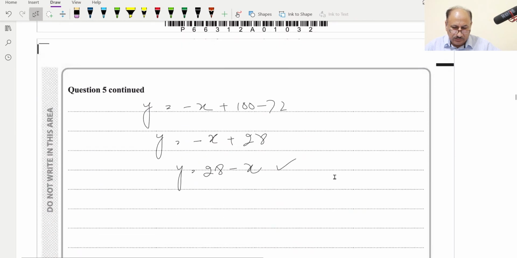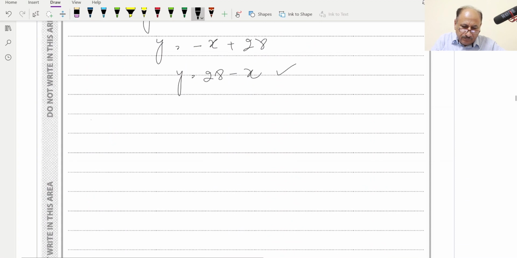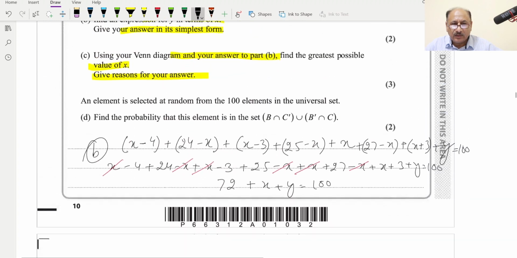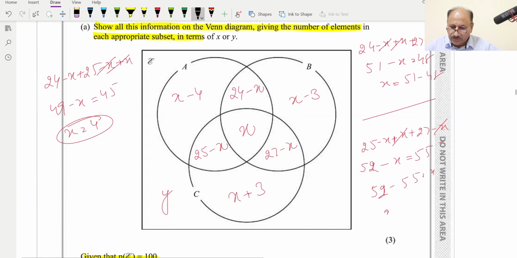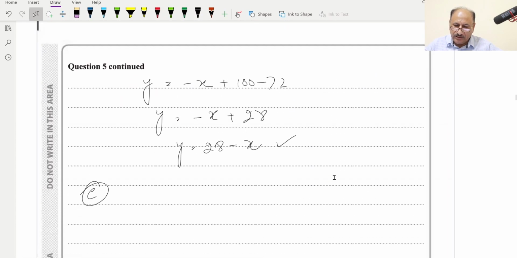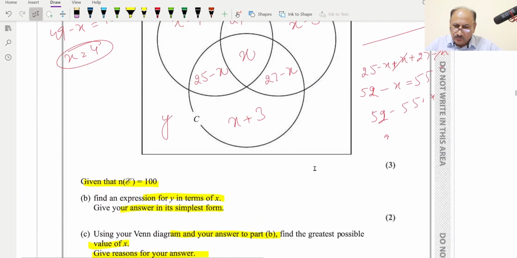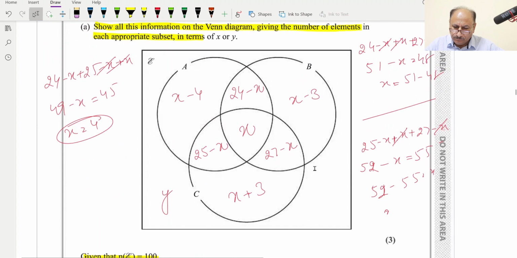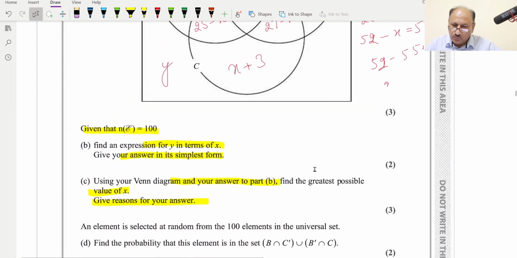So we can solve C part over here. 28 minus x, which we got over here, is greater than 0, and 27 minus x is also greater than 0, which we have used over here.